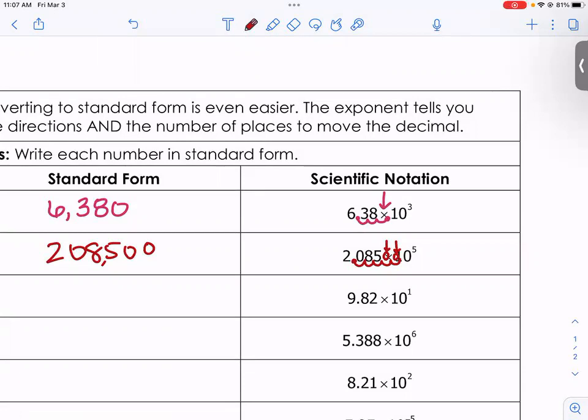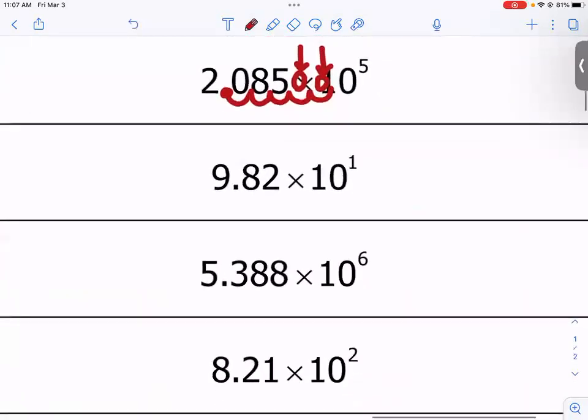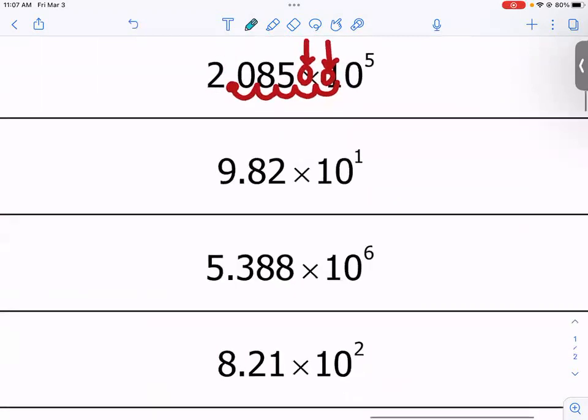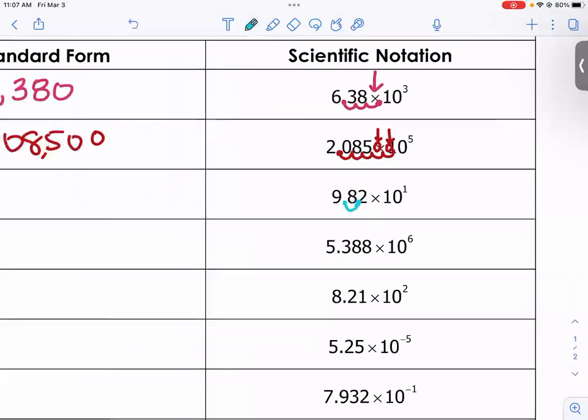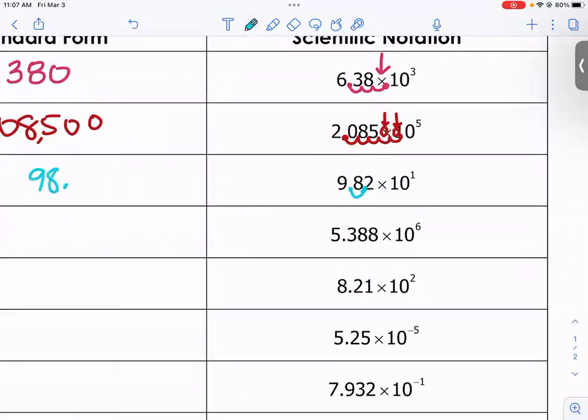I think it's going to be helpful for you to actually make those swoops, is what I call them. Very official here. I need you to make those swoops so you can see where you need to write in any placeholders. Okay. Now, I think that this third example is kind of a lame example for scientific notation because it says 9.82 times 10 to the first. So we are only moving our decimal 1 time. So this number is 98.2.